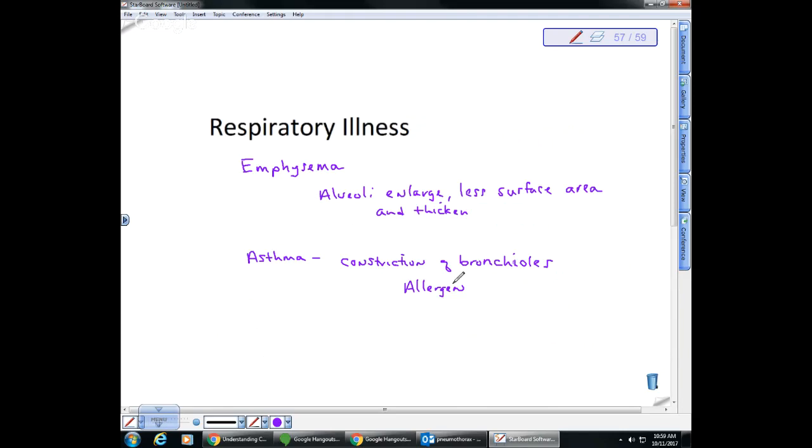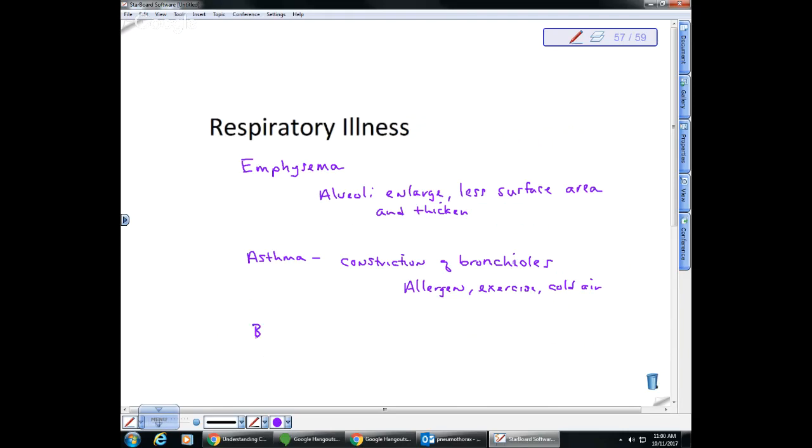Some people have asthma attacks when they're exercising; for some reason their bronchioles will constrict and they will not be able to get enough air, and they'll have to stop and breathe. And so we have inhalers which act to dilate the bronchioles. You can take a bronchial dilator, which is, what is it called? We learned this, albuterol. Albuterol, yeah. You can take it and it dilates the bronchioles. It could also be due to cold air. Some people have a hard time with cold air because it causes their bronchioles to constrict.